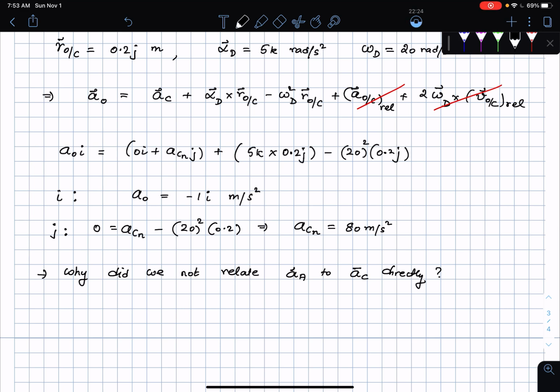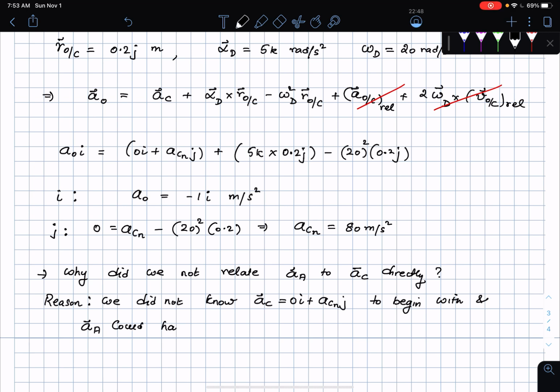The reason is we did not know AC, which was 0I, AC in J to begin with, and acceleration of A could have a component in the I and the J direction.